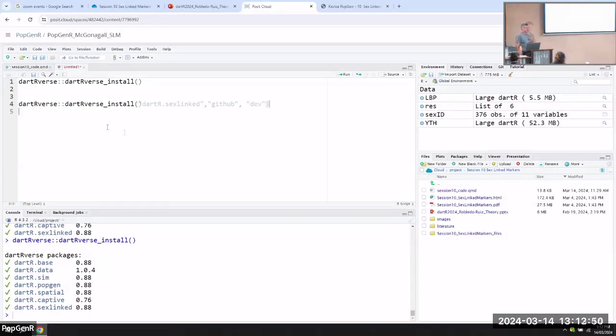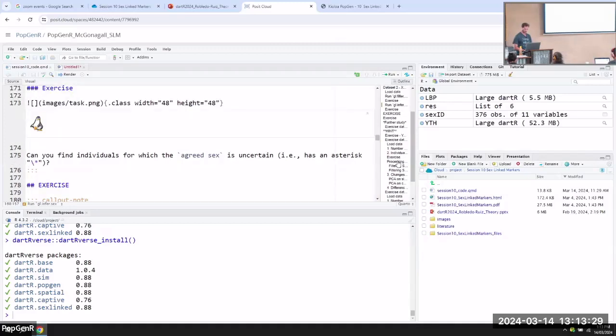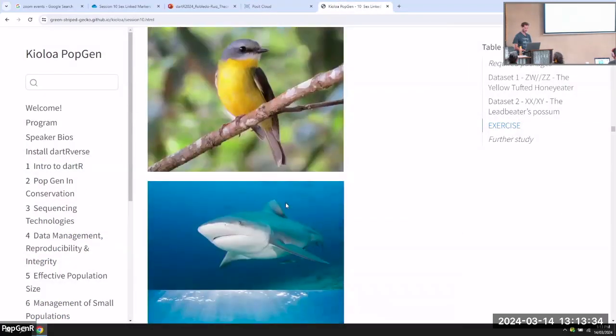Okay, makes sense? We did forget to say that if you don't have your own data, we have uploaded some example data sets to the cloud file. Down here, we have 3 example data sets.